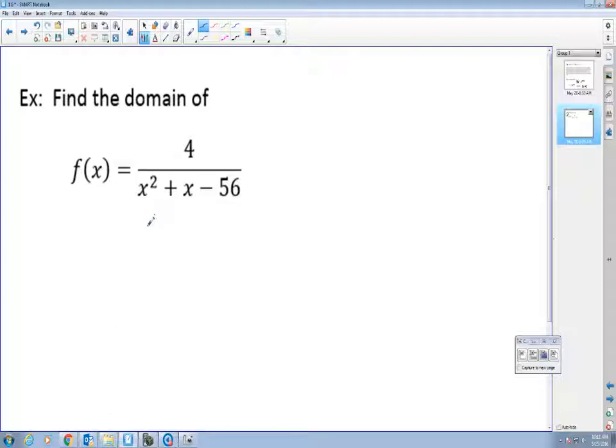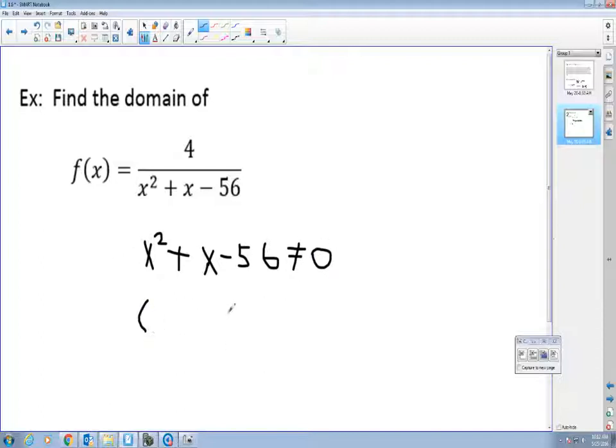So let us go ahead and figure out what x cannot be. In other words, what value of x will make my denominator equal to 0. So we say x squared plus x minus 56 cannot equal 0. So I'm solving a quadratic equation.